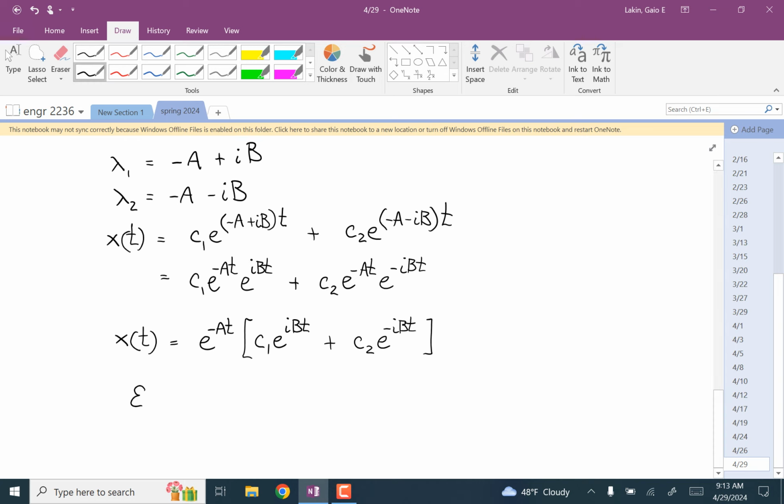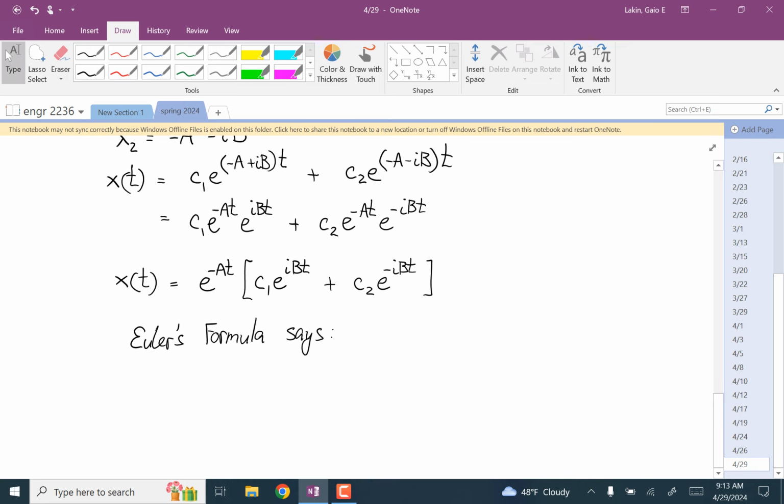So this is Euler's formula. It says that e to the i times something, it doesn't matter what, let's call this e to the ic, is equal to the cosine of c plus i times the sine of c.